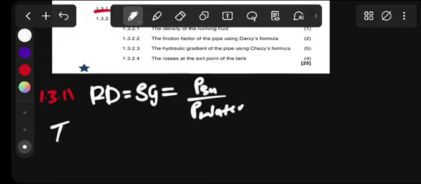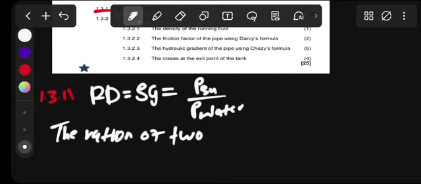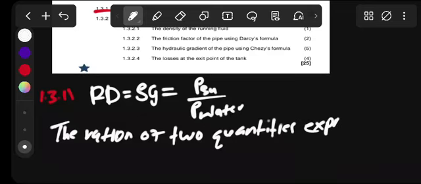This is the ratio of two quantities expressed in the same units.